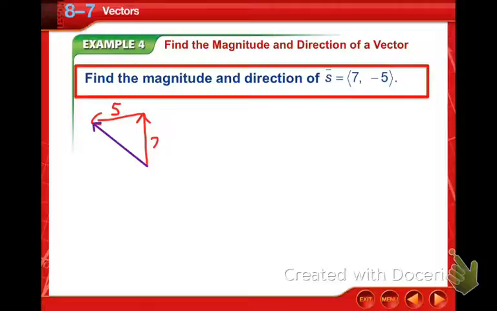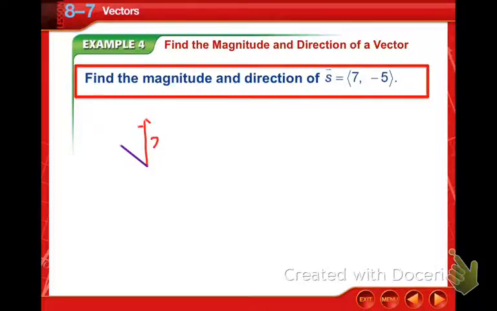So what we're going to use is basically the Pythagorean theorem, not really the distance formula, because this is a right triangle. When you have vectors, you're looking at the x value, left or right, and then your y value, up or down, which just made me realize I wrote this out wrong.